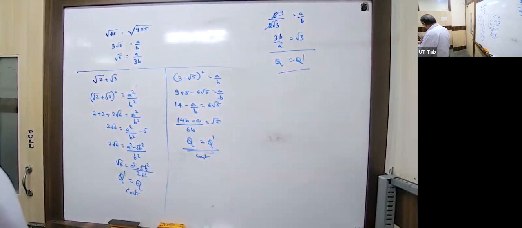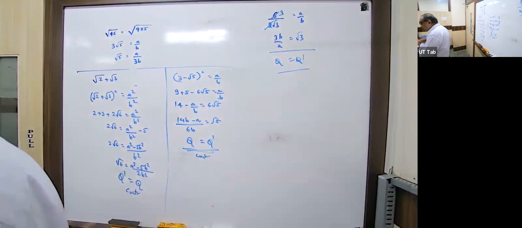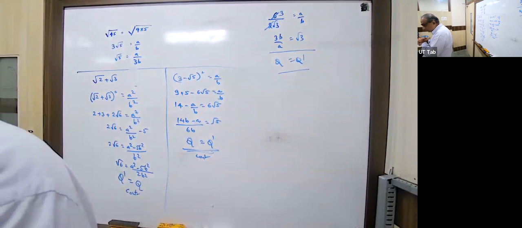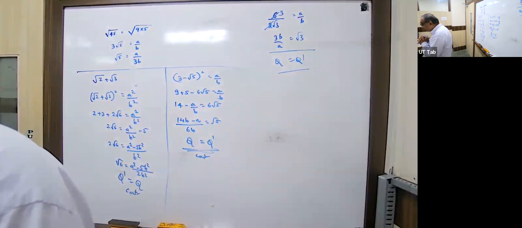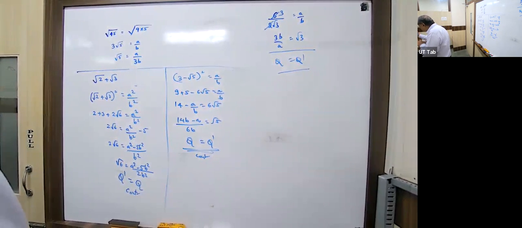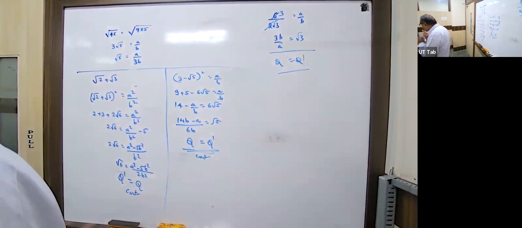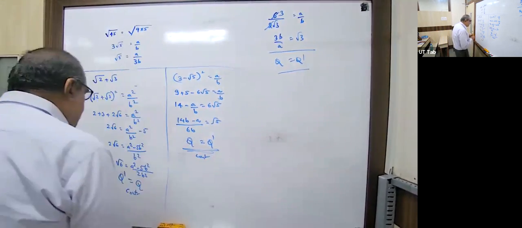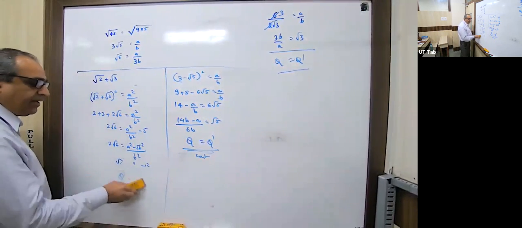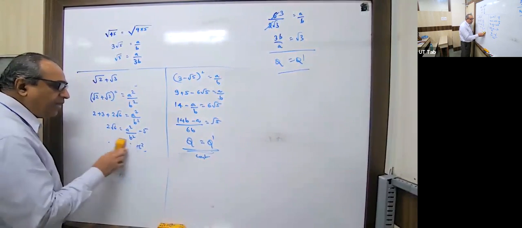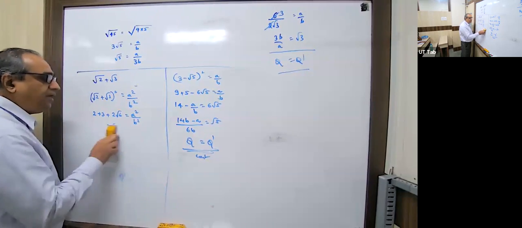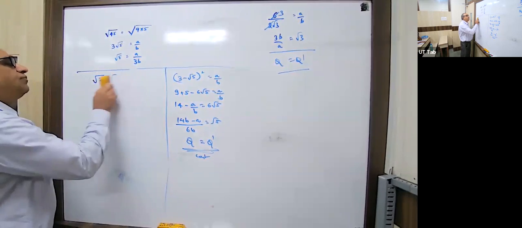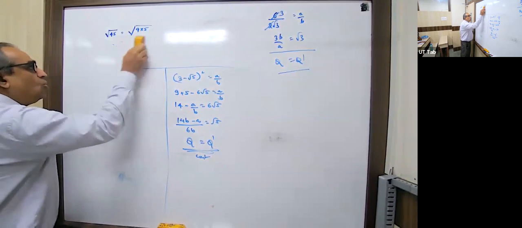A polynomial is an expression in which the power or the degree of the variable is a whole number, not a whole integer. It's a whole number. I repeat, a polynomial is a mathematical expression in which the degree or the power or the order, whatever we call it, of the variable is a whole number.